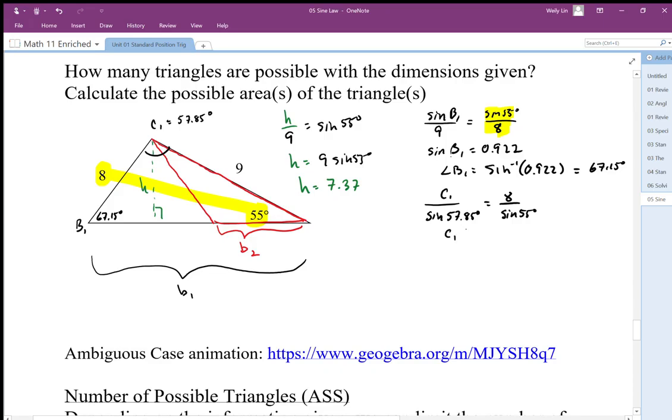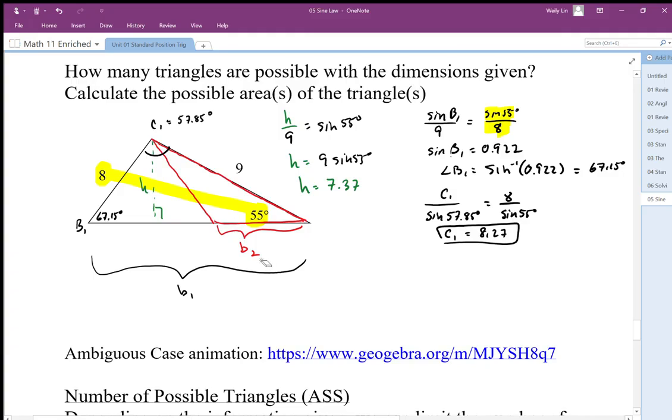So C1 works out to be 8 times sine 57.85 divided by sine 55, and that gives me 8.27.